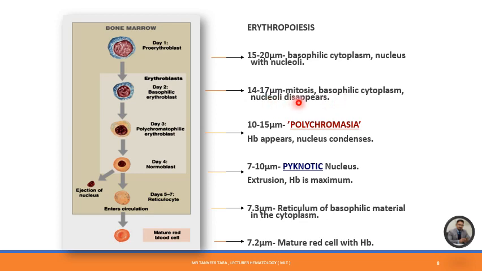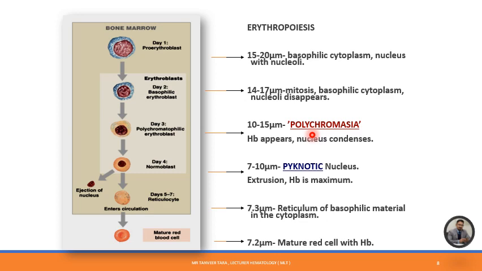Nucleoli are present here, but in some cases nucleoli are going to disappear, and few nucleoli are still present. Then on the third day, we have the third stage, known as the polychromatophilic cell, also known as polychromasia.